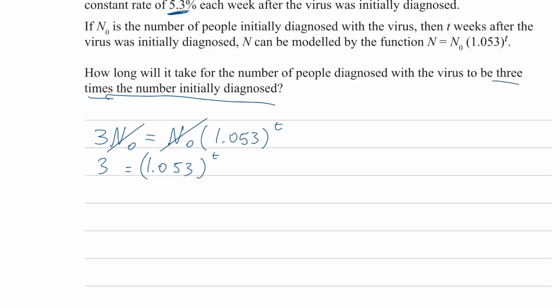And so to get t out of the power, we can take the log of both sides. So remember, logarithms and exponential functions are inverse of each other. So we're kind of undoing the exponential. But if we take it of one side, we need to take it of both.